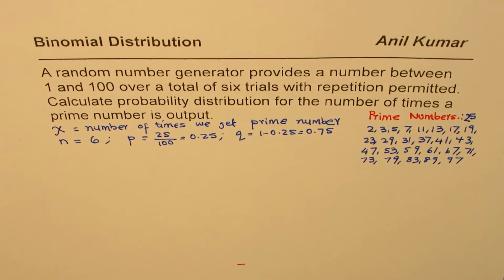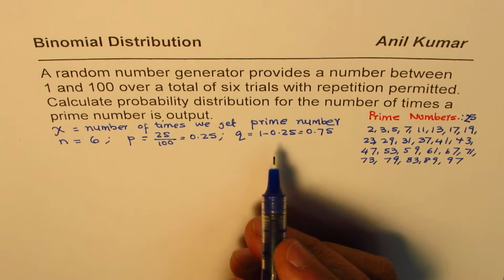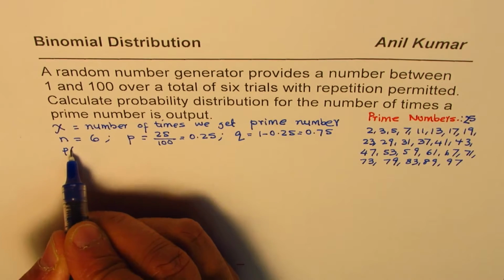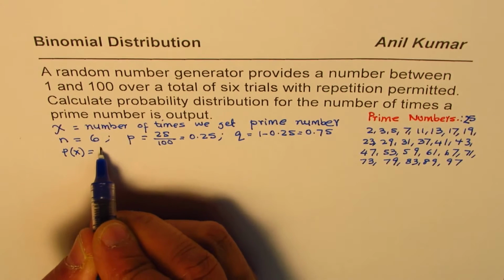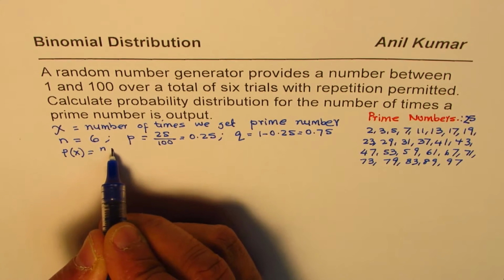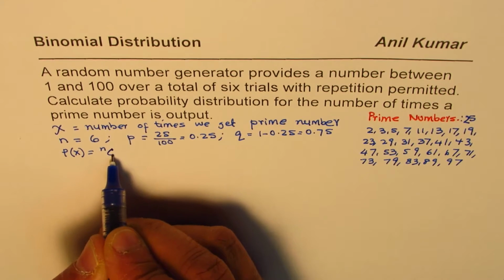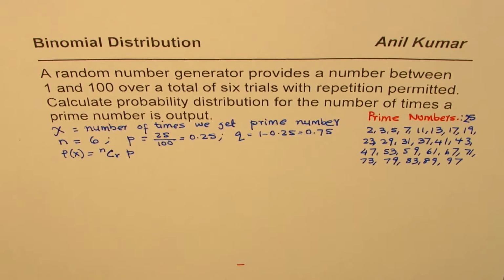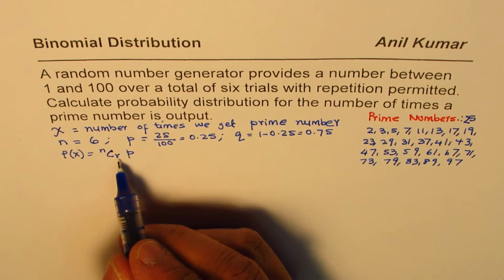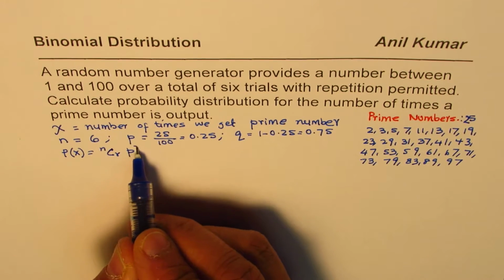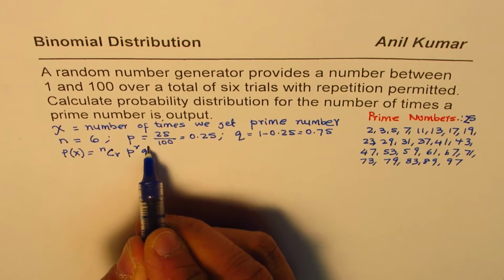So we have all the parameters to work with, and in general the probability will be equal to nCr, p to the power of r, and q to the power of n minus r, where n is 6 for us in this case.